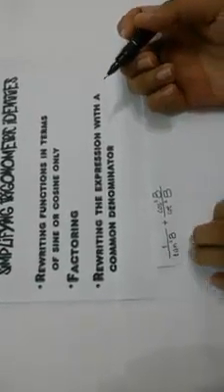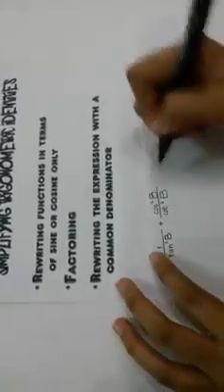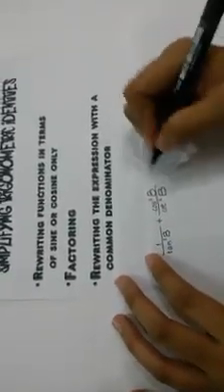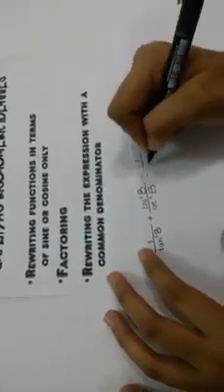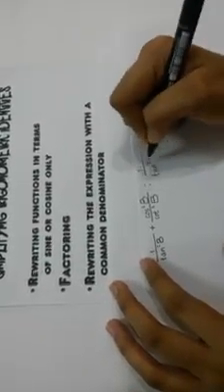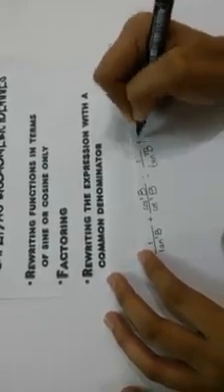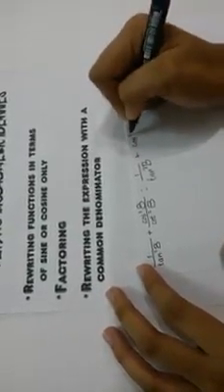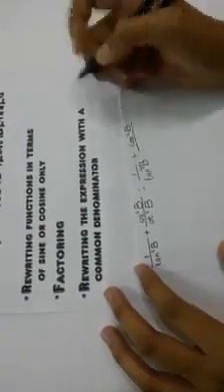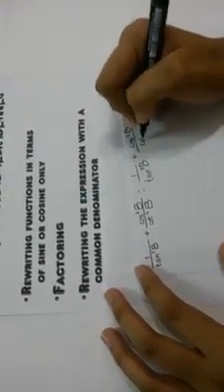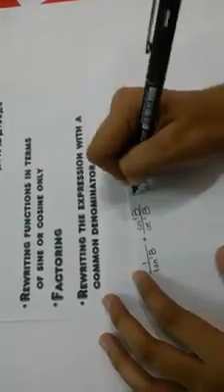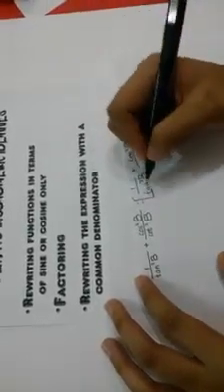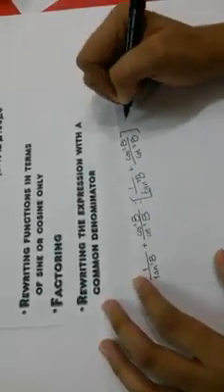So, to get the common denominator, you have to multiply the terms by tan squared and cotangent squared B.